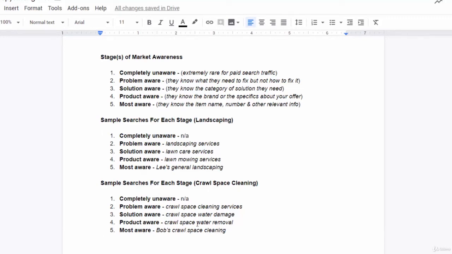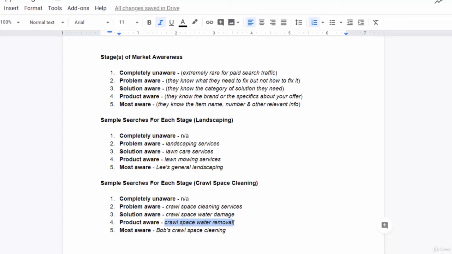So notice here at each stage, as I mentioned on the previous example, right here, they know that they're wanting to get help with their water damage in their crawl space, right? And then when somebody's searching for the exact term here of crawl space water removal, this is exactly what they want, what they need.